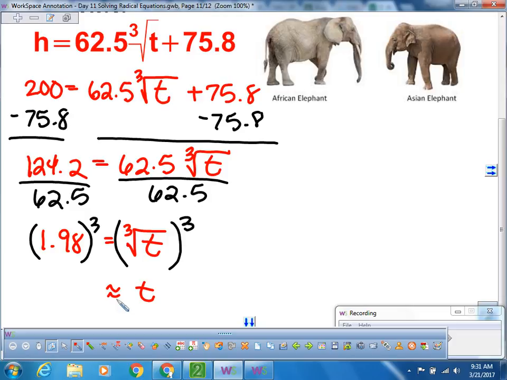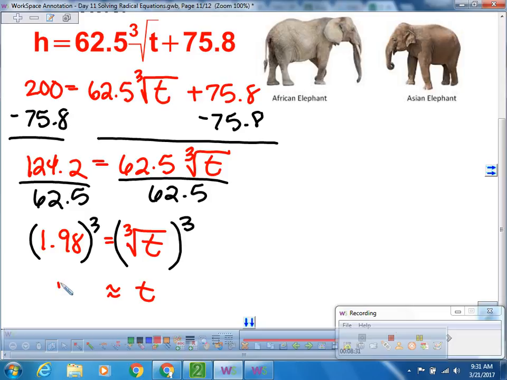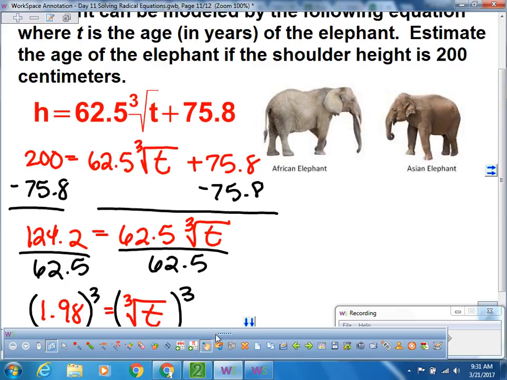Christiana. 7.76. Okay? Kane. Yes. Yes, absolutely. Yeah. It's all going to be there for you. All you're doing is substituting in a value. That's it. So I need to actually write, what were we trying to find? Estimate the age of the elephant if the shoulder height is 200 centimeters.